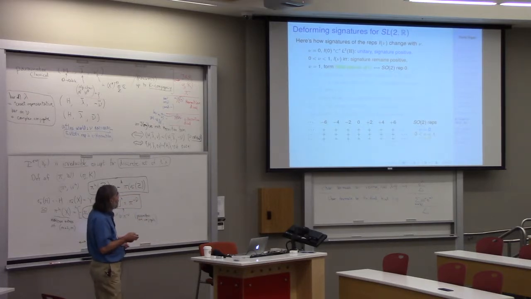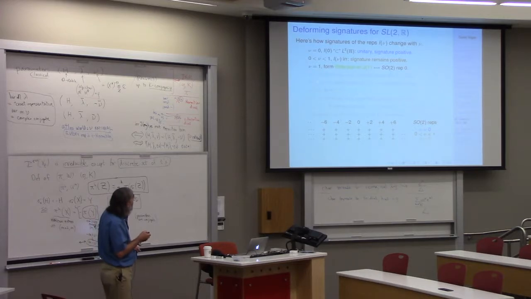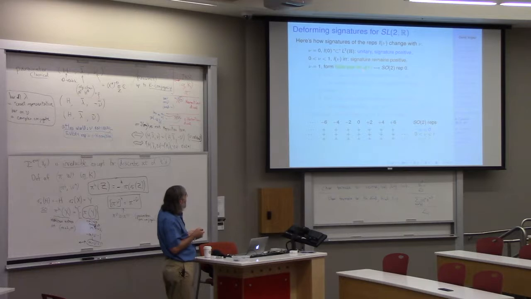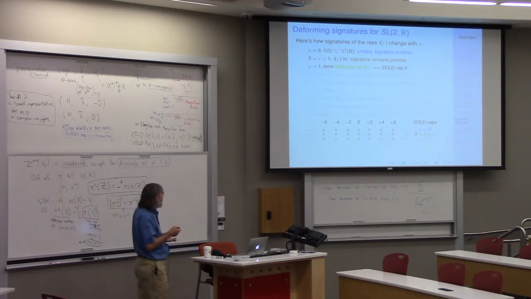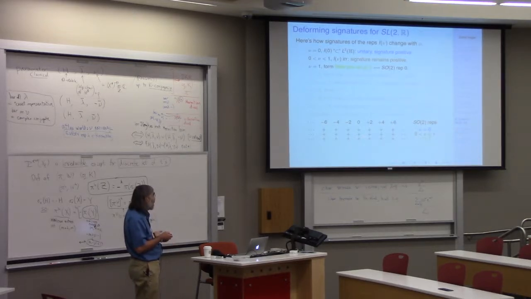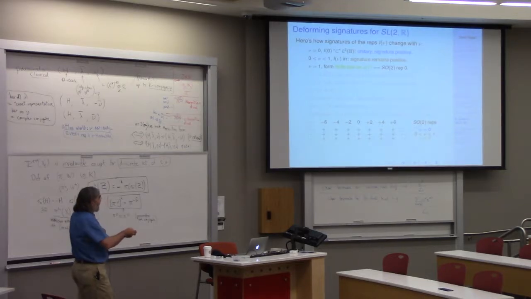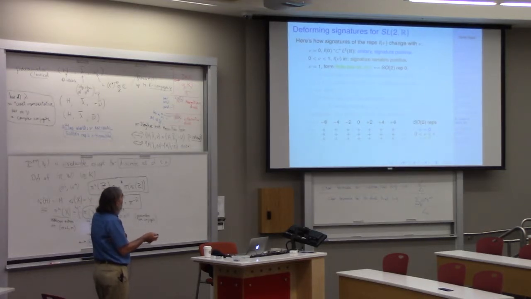Then what happens at nu equals 1? Well, at nu equals 1, the Langlands quotient is the trivial representation. So the form remains positive. It's always defined to be 1 on the trivial K-type, but the form becomes singular on everything else.